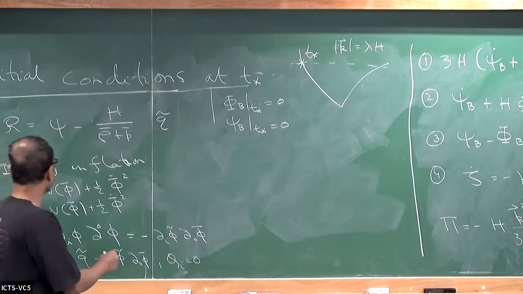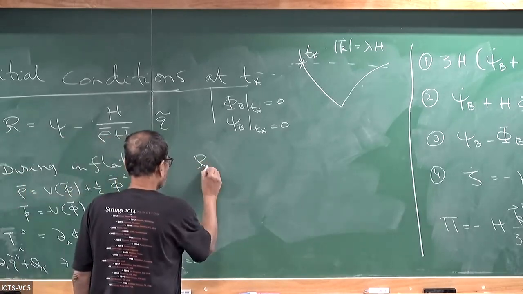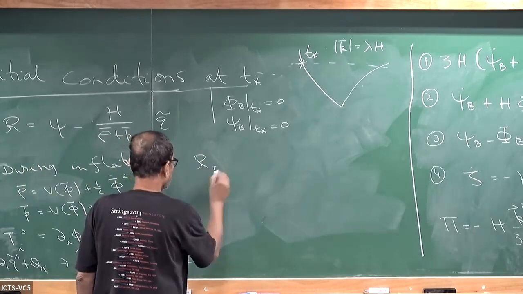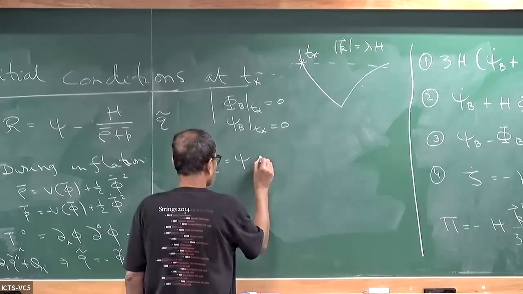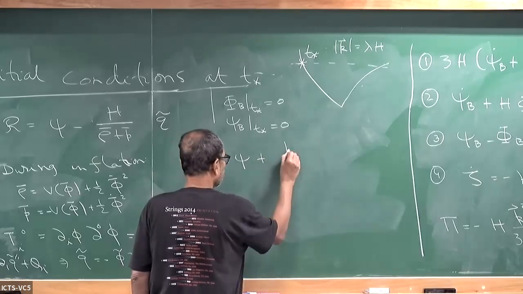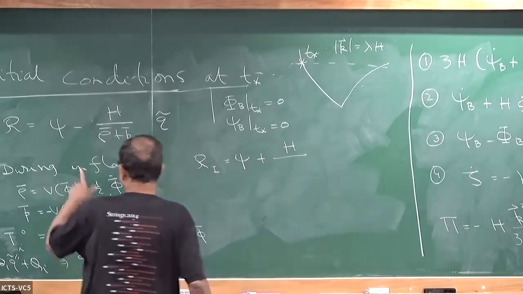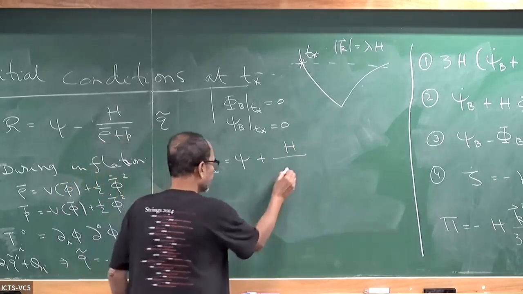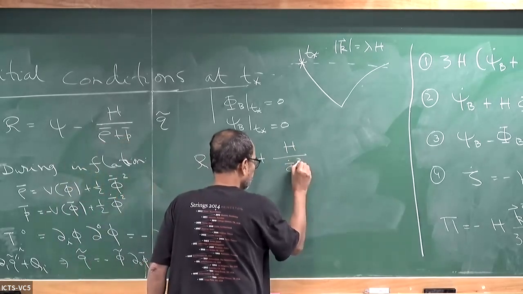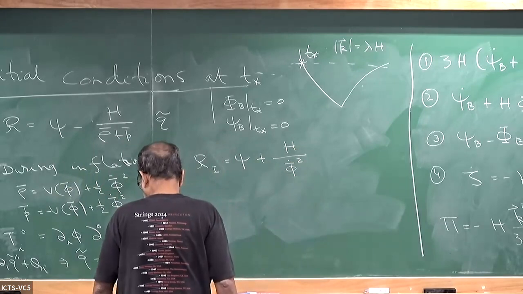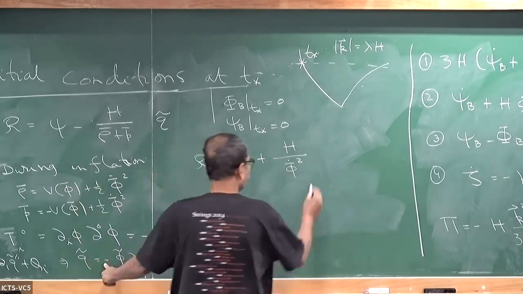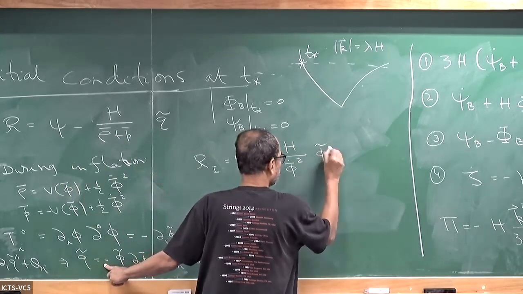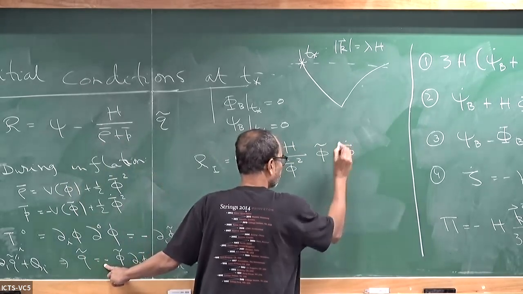So with this I can calculate R during inflation. It is psi plus H over rho bar plus P bar, which is phi bar dot square. And then this minus became plus because of this minus sign: phi tilde phi bar dot.